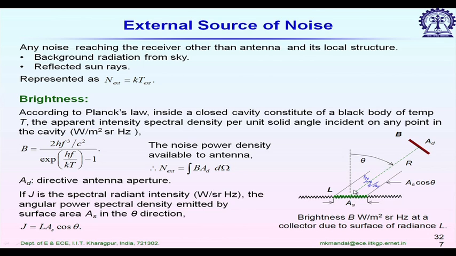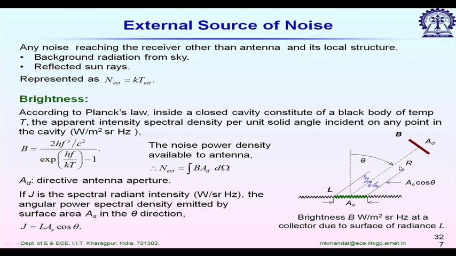So obviously the power scattered or radiated, whatever is received by this antenna, depends on this angle theta, on the polarization of the antenna, on the surface roughness, and on the dielectric constituents of this earth surface. So it depends on so many factors.